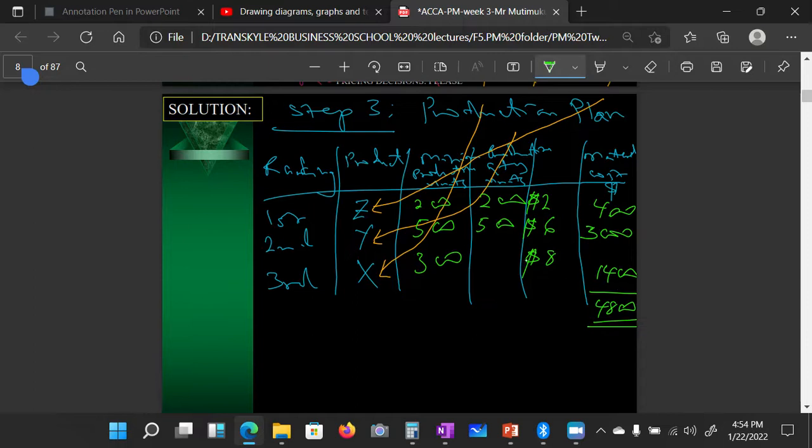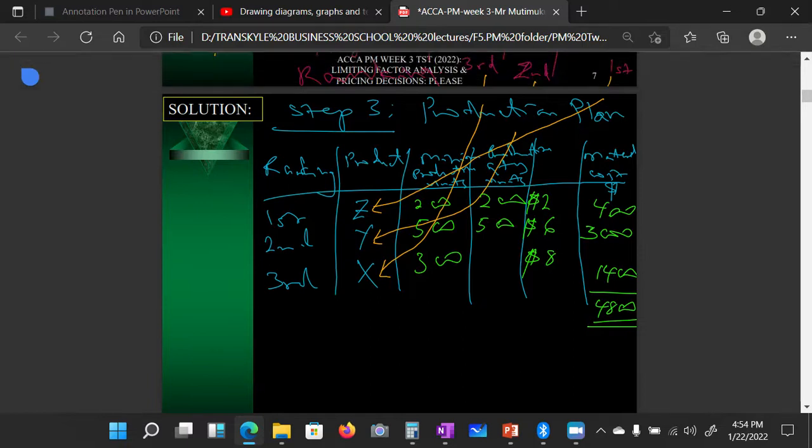But each unit of X is going to cost $8 in material. So what does that mean?